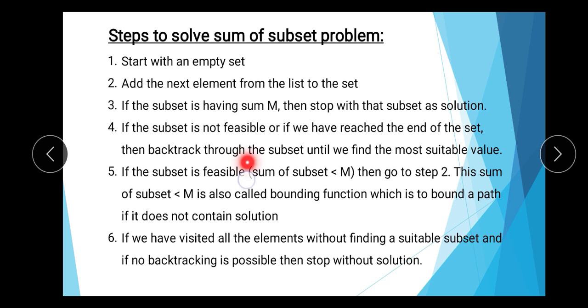We use it while drawing the state space tree, to bound a path if it does not contain the solution. That means in our state space tree, if our path does not contain the solution, then we stop that path using this bounding function.